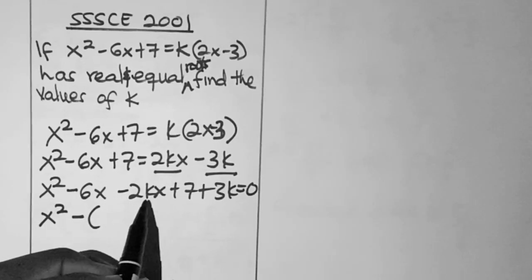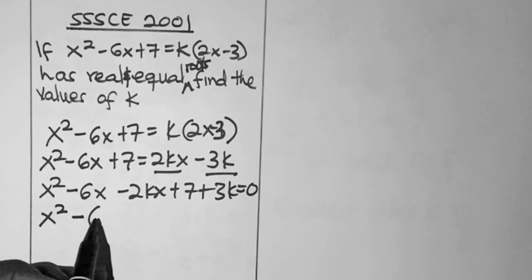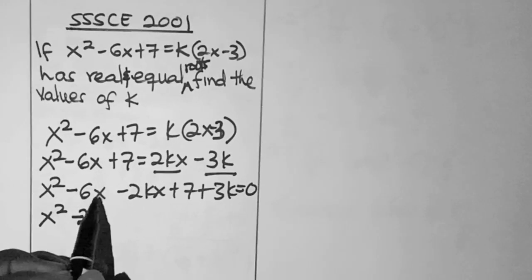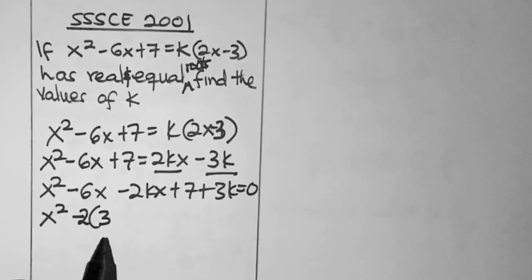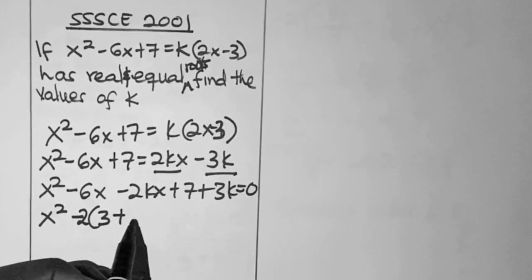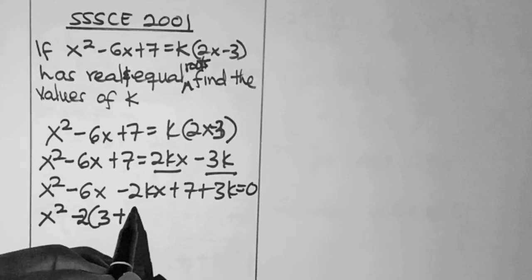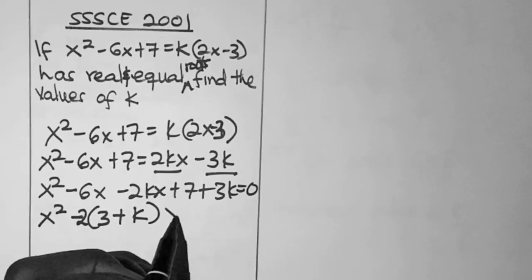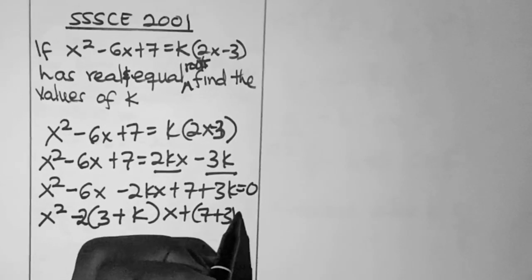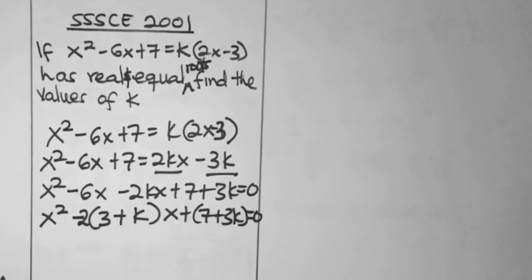Now if you factorize 2x, so let me put 2 here. Now here becomes 3, then plus k, then times x, then plus into bracket 7 plus 3k equals 0.